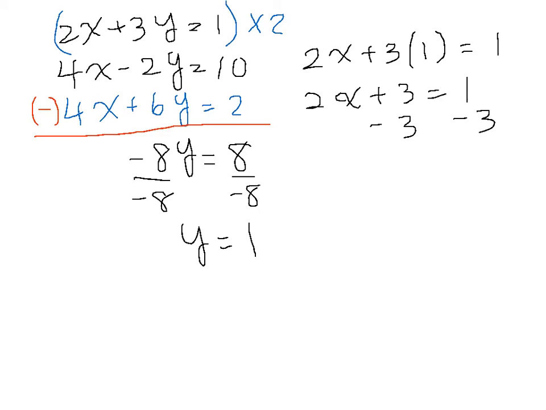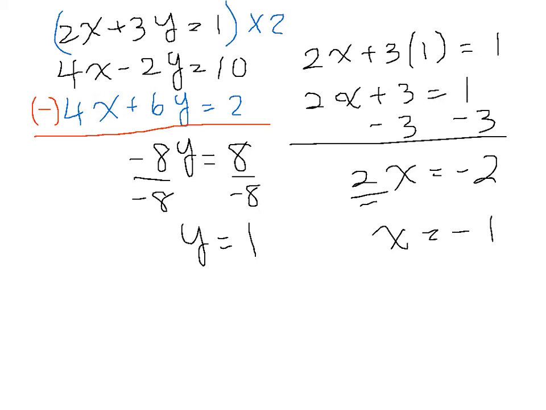Subtracting 3, we have 2x equals negative 2, so x equals negative 1 by dividing both sides by 2. So now we have the solution is x equals negative 1 and y equals 1. So this is what we did for the investigation 4D, 4C. Okay?